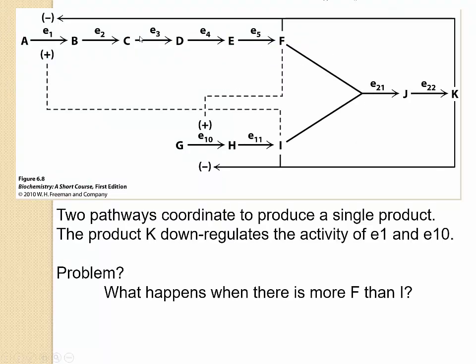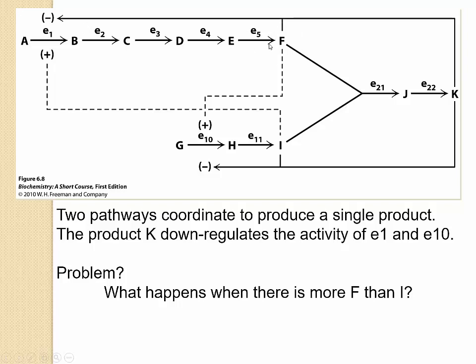So here, this is a fairly complex pathway. We see we have many reactive feedback style inhibitors, or molecules, and so we see these two pathways coordinate to make K. Okay, so what happens? So let's assume we need some sort of ratio of F to I, but there's more F than there should be. What happens? Well, first of all, F inhibits its own production, feedback.